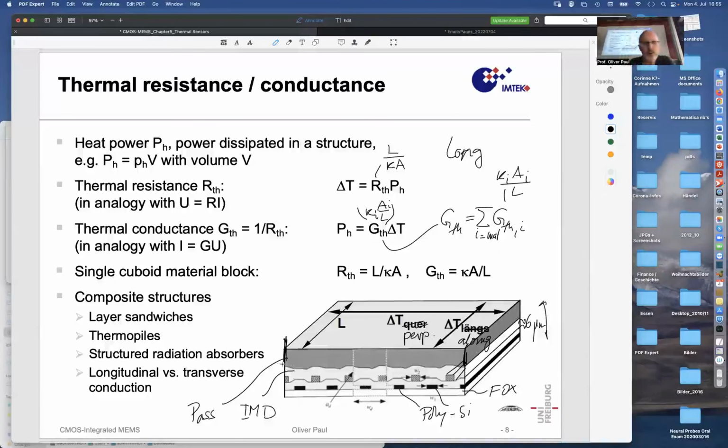So for heat flowing in this direction, probably heat will flow in here and then out here again. And then some will flow in here, because these are materials that conduct better. And then some go in between, so it's a very complicated heat flow problem that is best handled by finite element simulations.